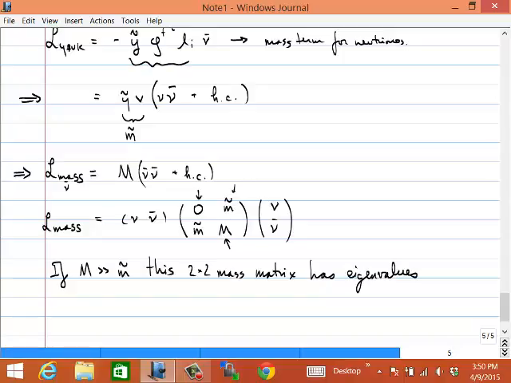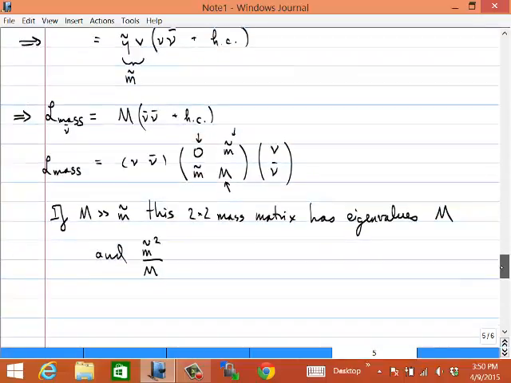So one of the eigenvalues is, of course, just of order capital M, because M tilde is very, very small. And the other eigenvalue is M tilde squared divided by capital M.